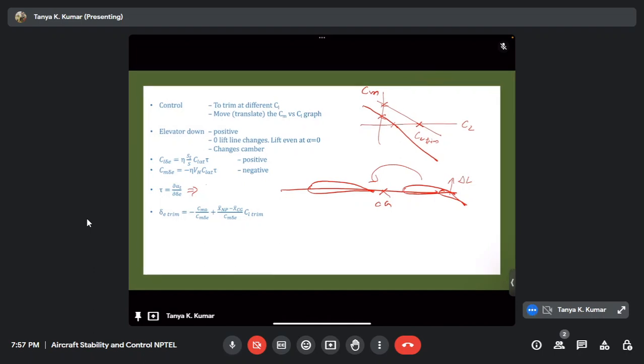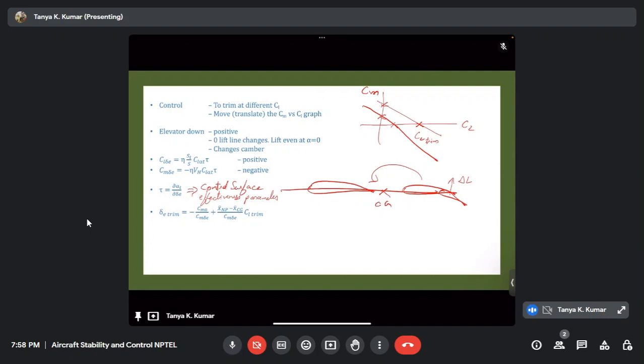So it is the control surface effectiveness parameter. Okay. Then we saw this equation, that is delta E trim.